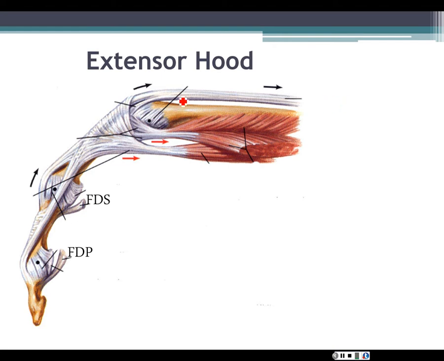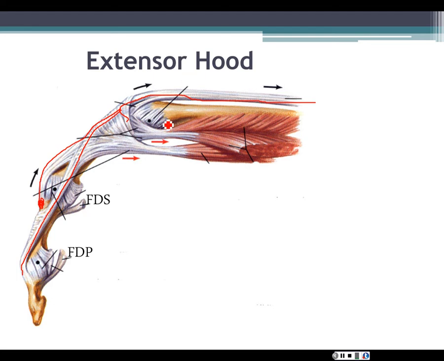What we have here is we talked about the extensor digitorum, and how it comes down and it's all one big tendon, and it's going to keep on going, and it's going to have one insertion into the base of the middle phalanx, and then it's going to actually just have fibers split off that run around the side, and they're going to come back to the back and insert into the distal phalanx. This whole thing is called the extensor hood, and it's a pretty complex situation.